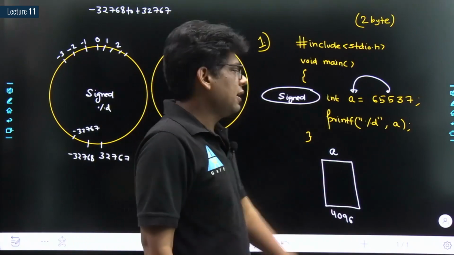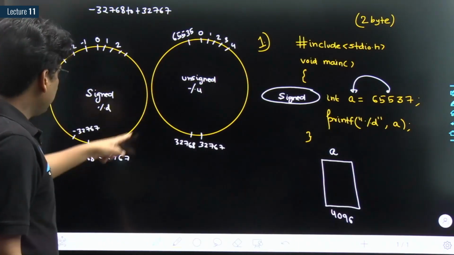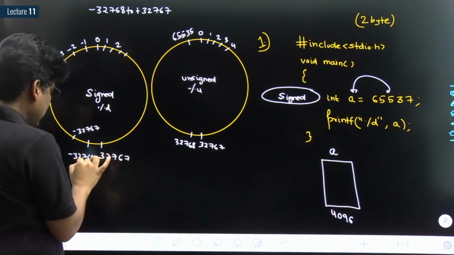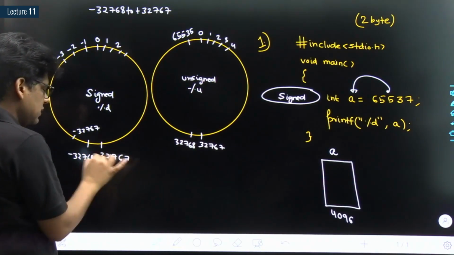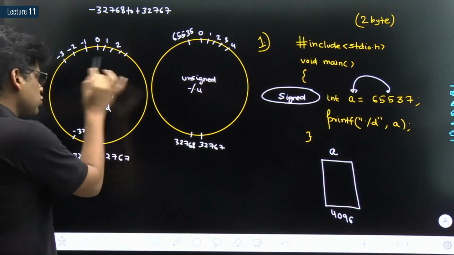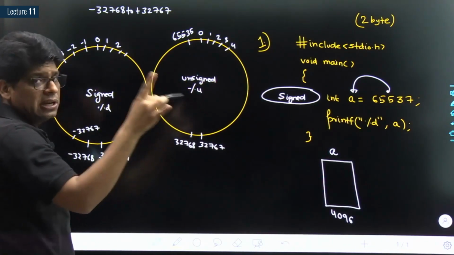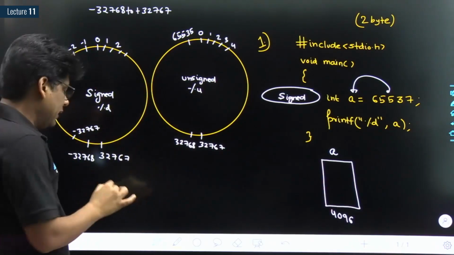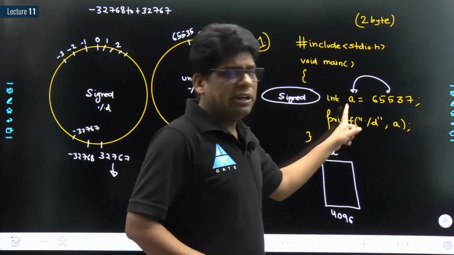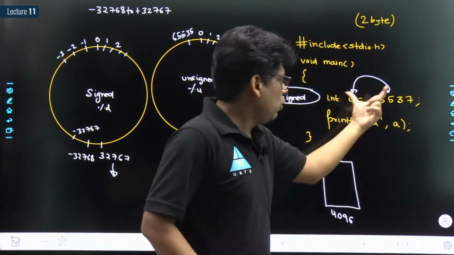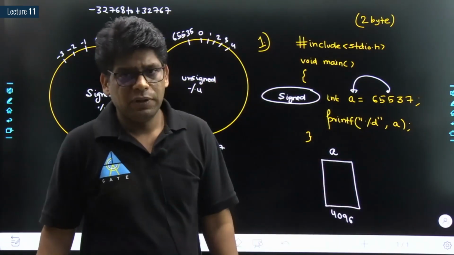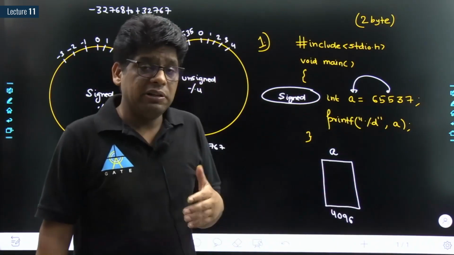Sir, let's see the circle. The allowed range is from minus 32768 to plus 32767. That means the maximum positive value we can store inside a signed integer that occupies 2 bytes is this. That means one thing is for sure, sir, this variable A cannot hold this. We cannot store 65537 inside this variable A. Then what will happen? Is it an error?